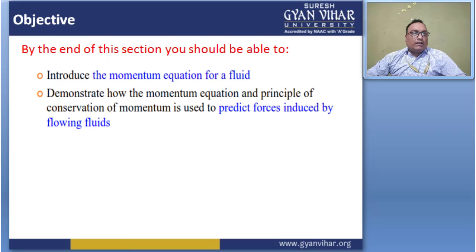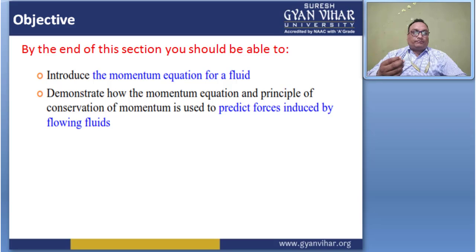These are the different objectives of this momentum equation. By the end of this section, students should be able to understand and introduce the momentum equation for a fluid, and demonstrate how the momentum equation and the principle of conservation of momentum are used to predict the forces induced by flowing fluids.